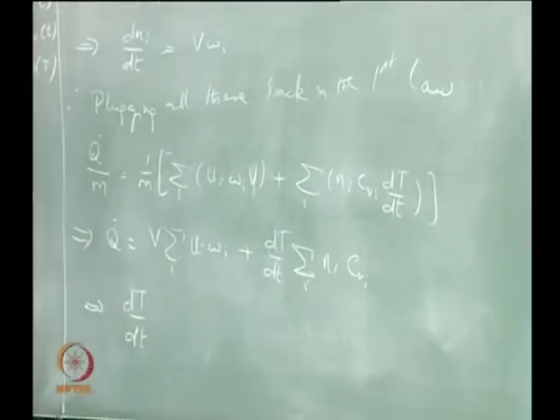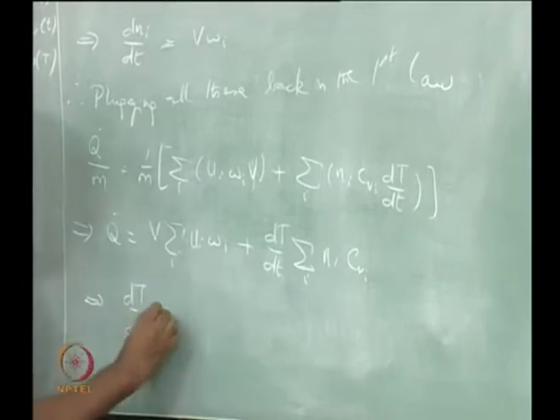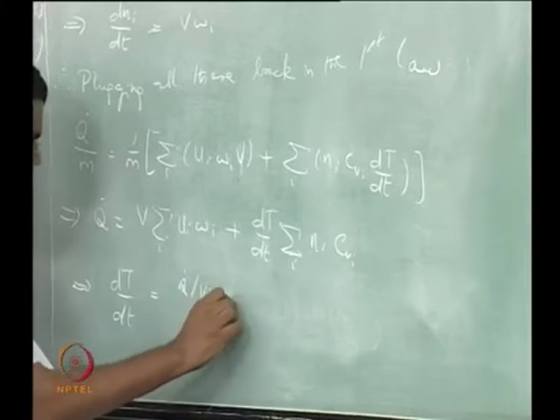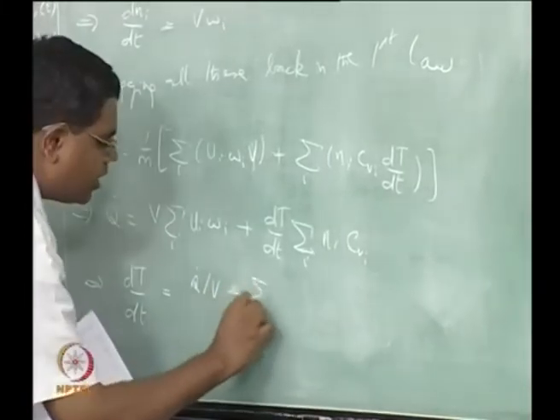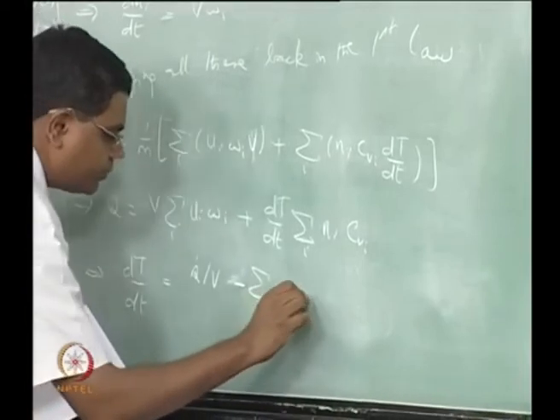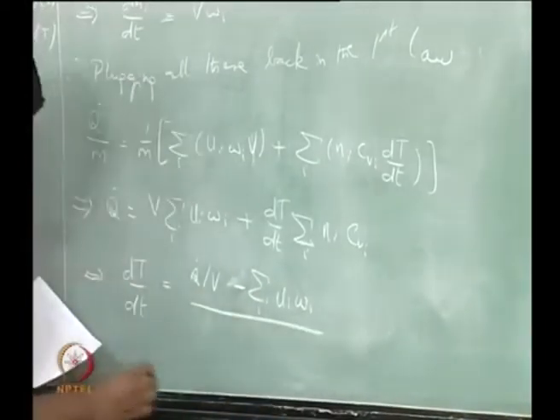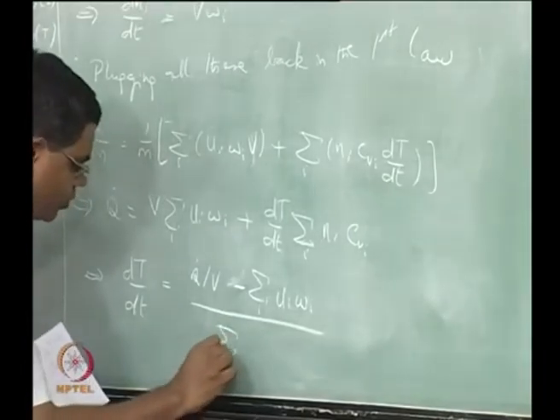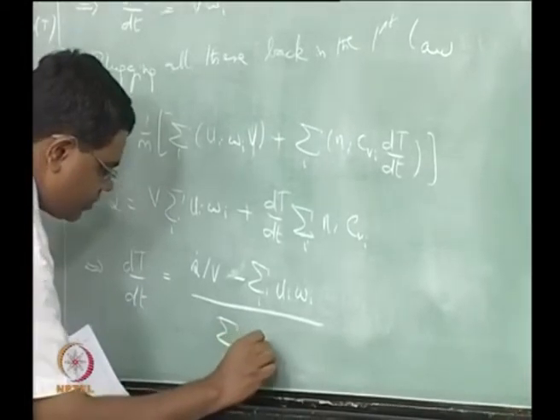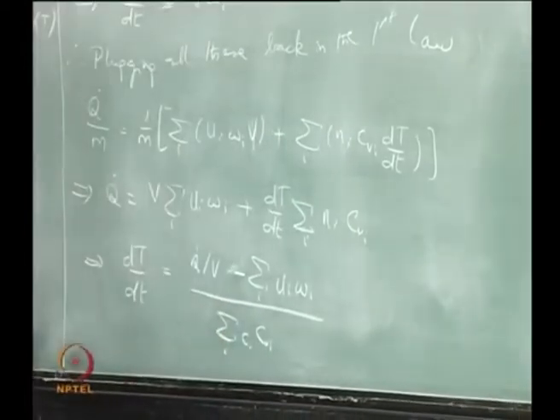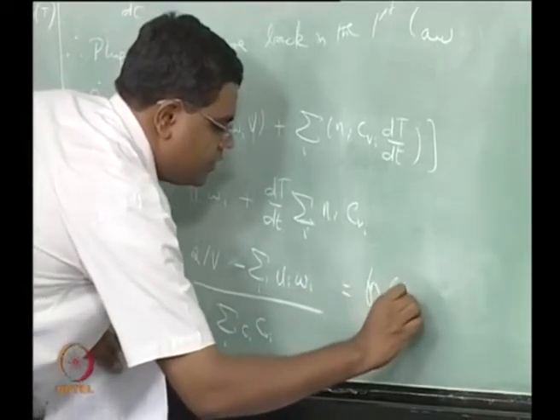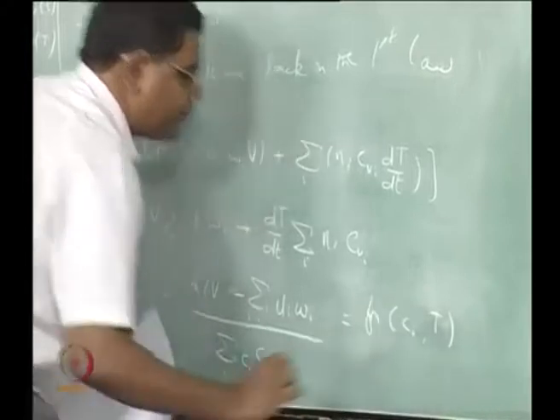So from here we can rearrange to get, finally, and I am going to skip a couple of steps which are just algebraic, dT over dt as q dot over V minus sigma over i capital Ui omega i, divided by sigma over i Ci capital Cvi, which I want you to understand is now a function of Ci and T. Why?